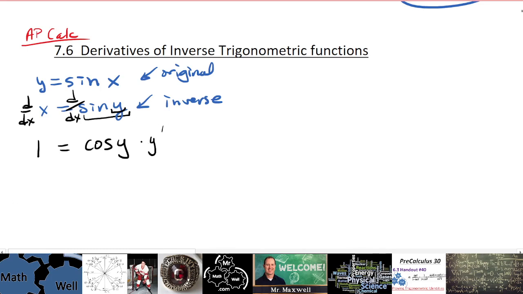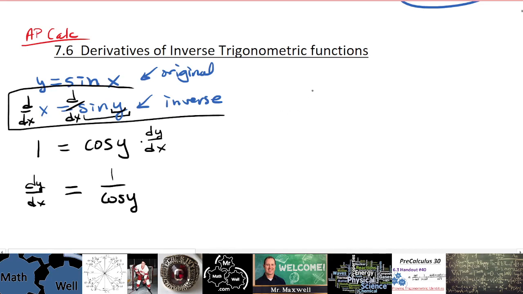I'll keep my notation consistent here. So dy/dx is now 1 over cos y, because I'm dividing both sides by cos y. So that's the derivative of this inverse function.